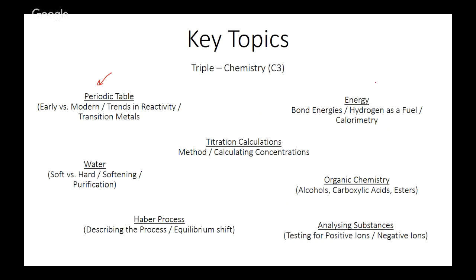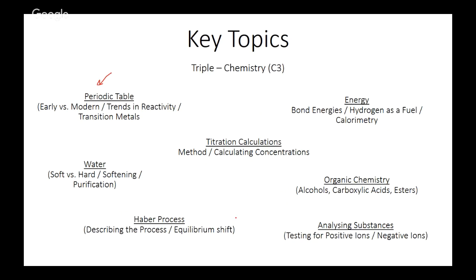We're going to talk a little bit about energy, bond energies, hydrogen, calorimetry, organic chemistry, so your alcohols, carboxylic acids, esters, how you analyse substances and find out what they are, so testing for the positive ions and negative ions, and finally the Haber process, describing how we make ammonia and also how we can change the equilibrium.